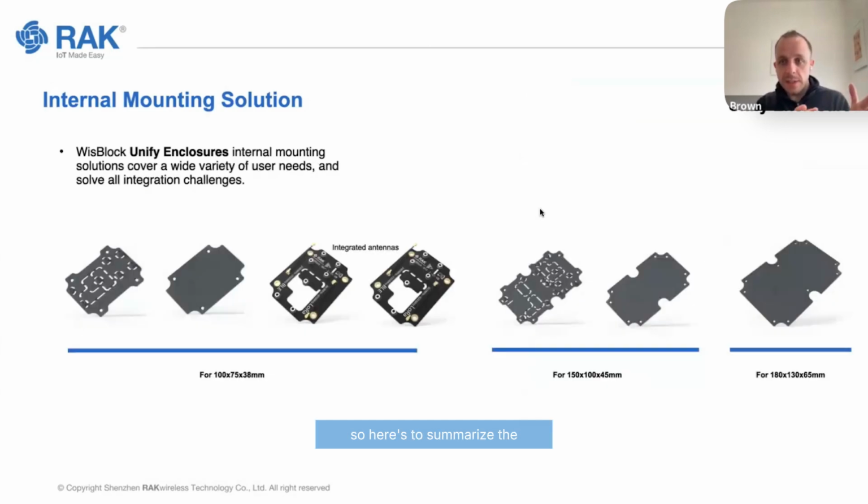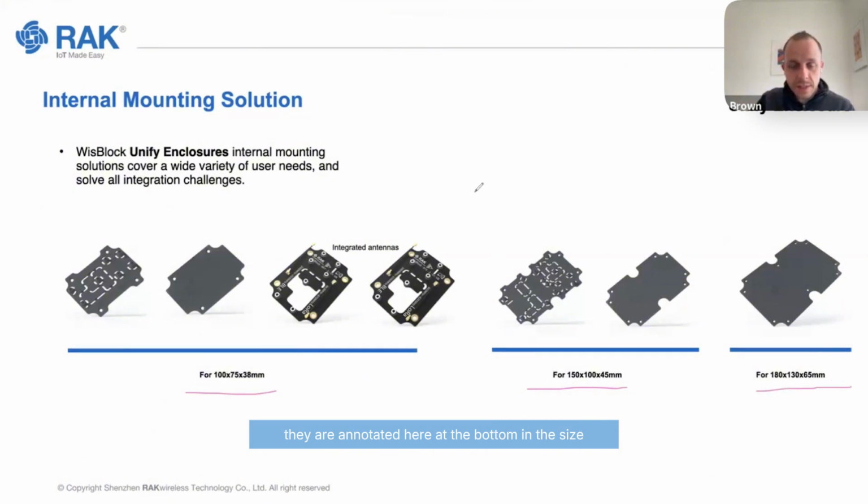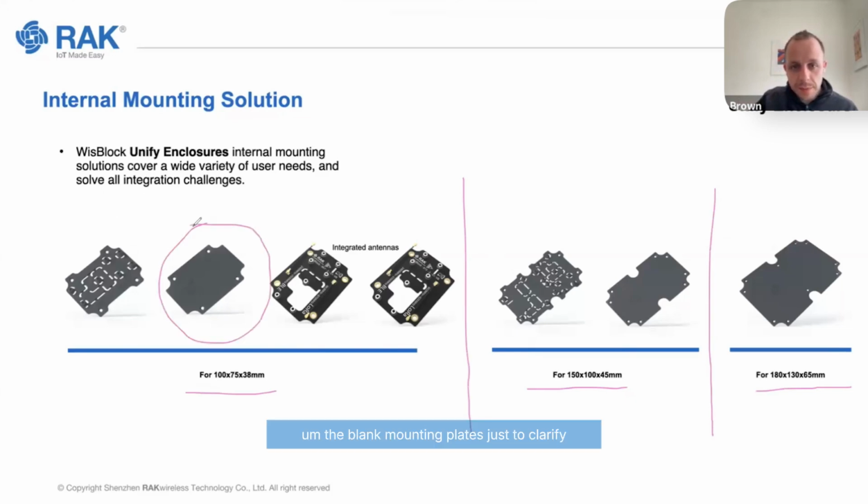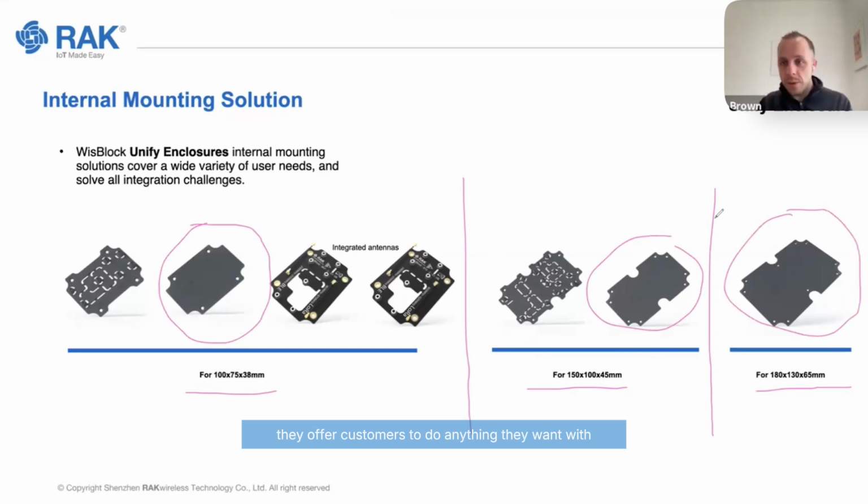So to summarize the mounting plates in a bit more detail, there are 3 sizes because they match the 3 sizes of enclosure. They are annotated here at the bottom in the size ranges. I'll just draw a line here to make that more clear. The blank mounting plates, just to clarify, offer customers the freedom to do anything they want. They can drill holes, they can glue things, whatever they want to do with that.